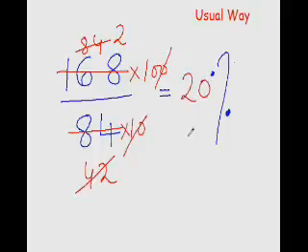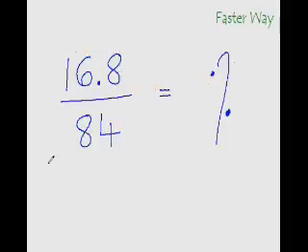This method is very good, but the only problem is that it's difficult to do mentally because too many steps are involved. So now let's look at the faster way of doing it. The faster way of finding the percentage equivalent of a fraction is that you look at the denominator and ask yourself what percentage of this denominator is this numerator.